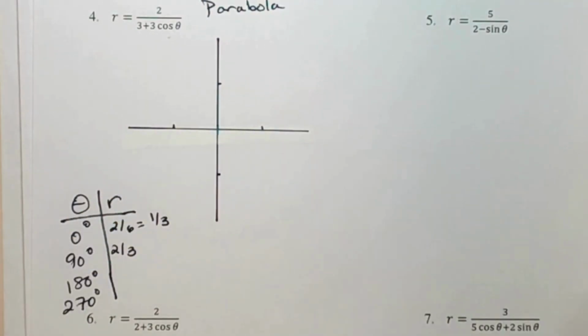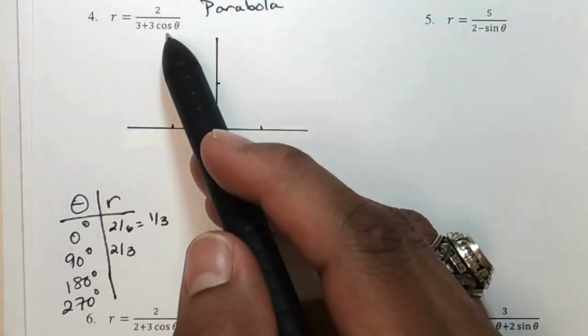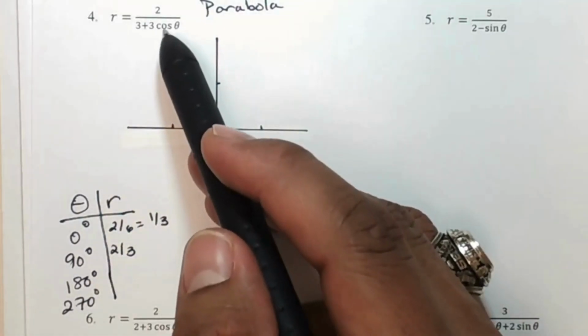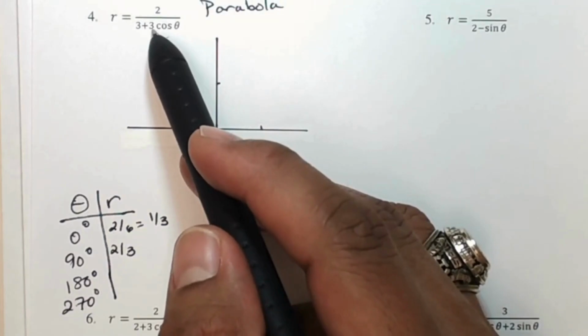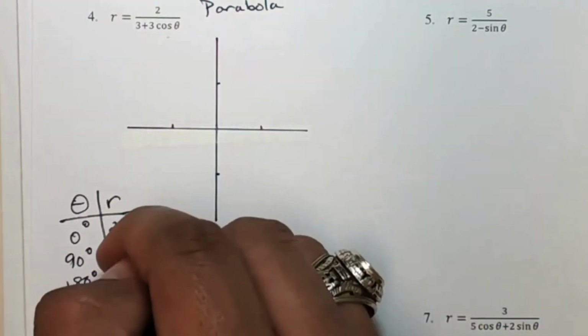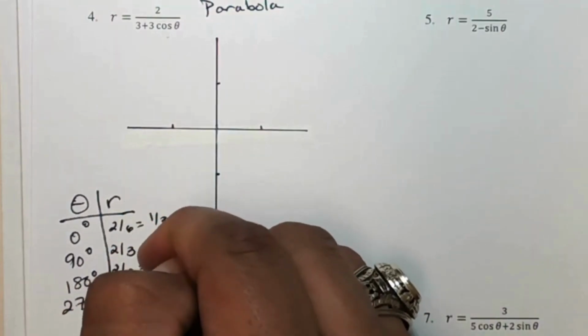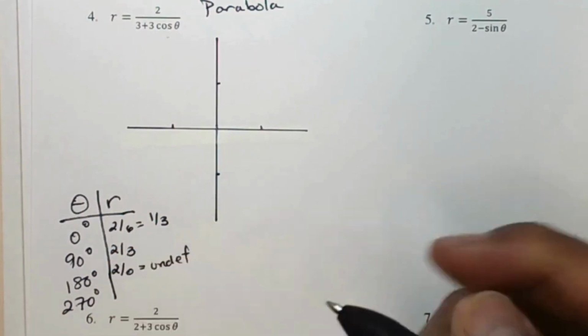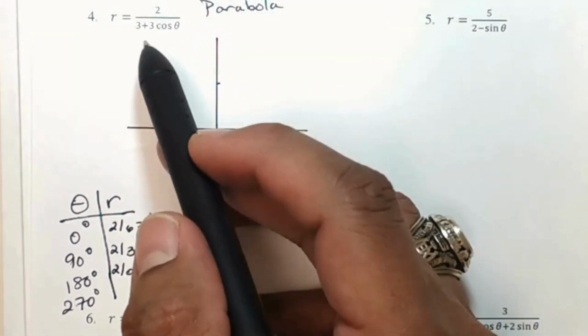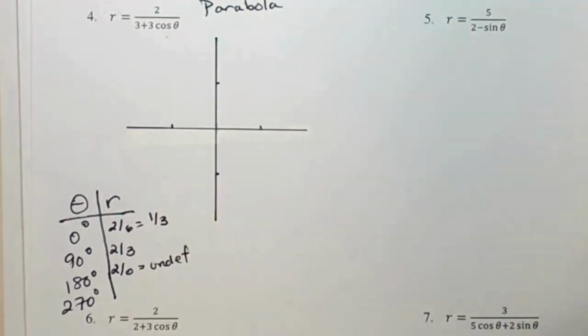This is why we use the quadrantals, because we're going to get answers that are 0, 1, or -1. If we plug in 180, cosine of 180 is -1, times 3 is -3, plus 3 is 0. So you end up getting 2 over 0, which is undefined. If you plug in 270, then cosine of 270 is 0, times 3 is 0, plus 3, and then you end up getting 2/3.